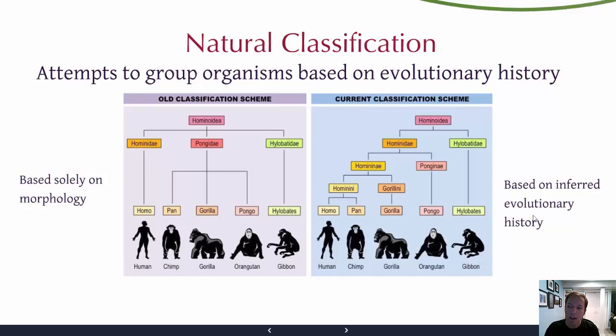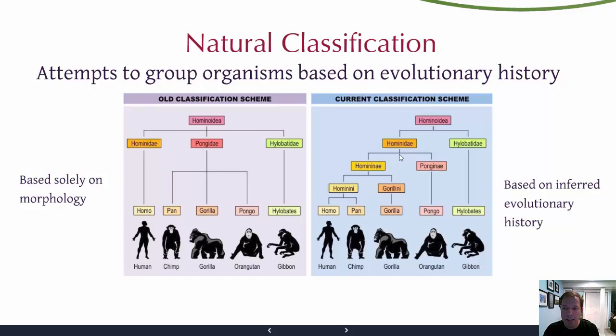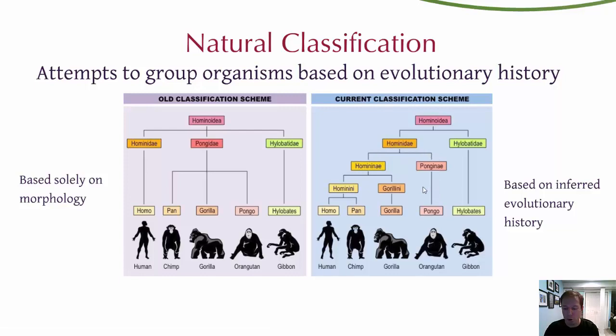However, when we use inference of evolutionary history, which uses a variety of evidence, we see a reclassification, and so the relatedness between species is still the same, but how those species are organized within the tree is now very different. And this new tree is actually more helpful in describing where and how these species came about, because each branch shows a point at which one group separated from another part of that group.